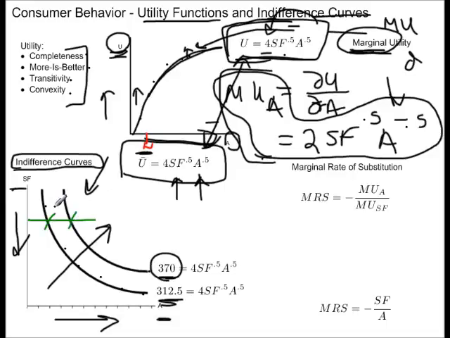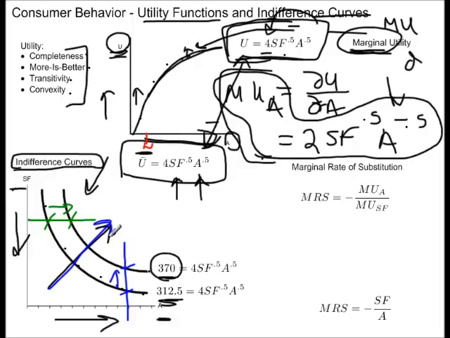Clearly, more apples makes you happier. And alternatively, we could say, for a given amount of apples, which level of star fruit makes you happier? This amount of star fruit or this amount of star fruit? Because of our assumption of more is better, more star fruit makes you happier. So right, indifference curves that are further from the origin represent higher levels of happiness.